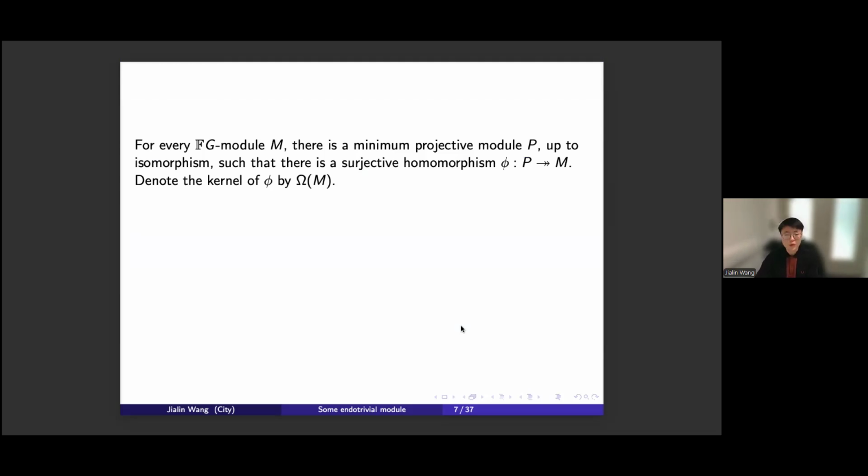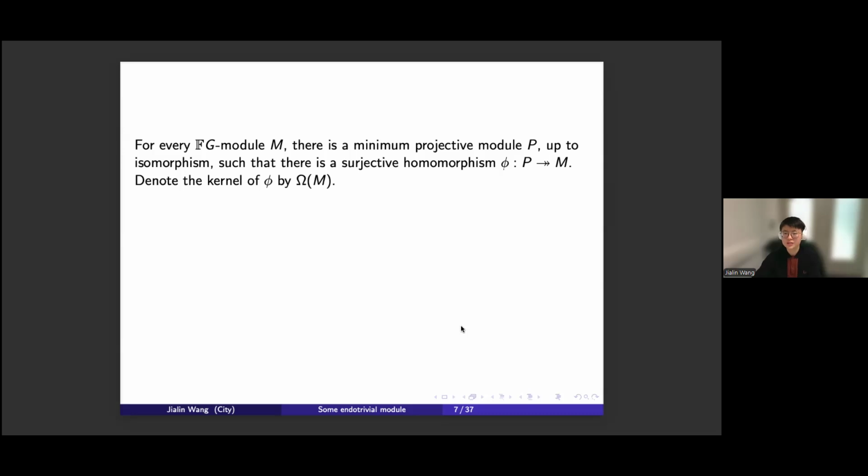So moving on, I want to talk about syzygies of modules, but I'm sure you have heard of it. So take any FG-module M. Since we are in the module category of a group algebra, you have enough projectives. That means every module has a projective cover.